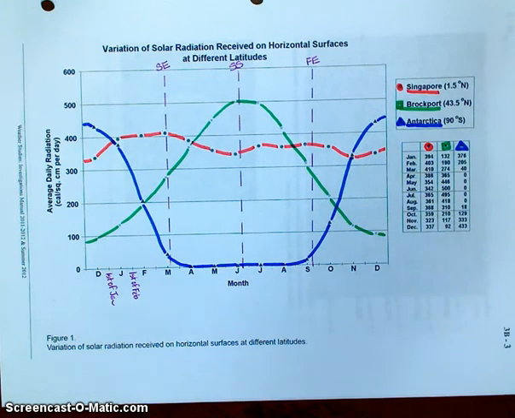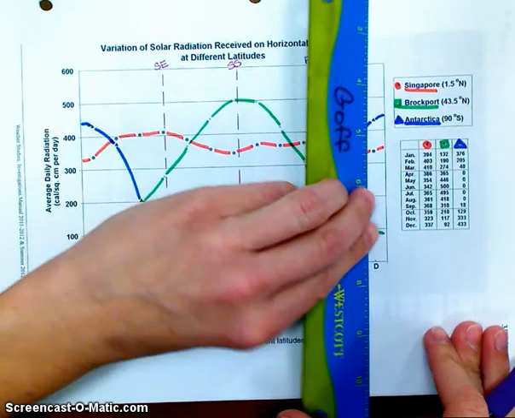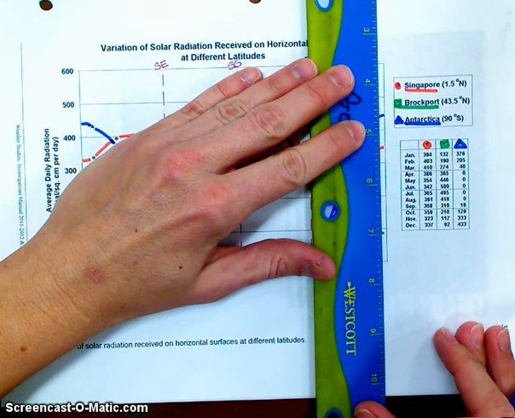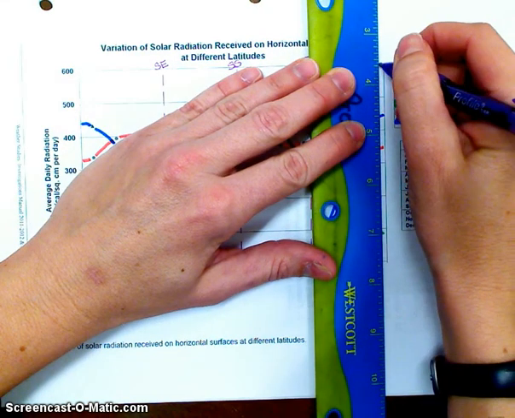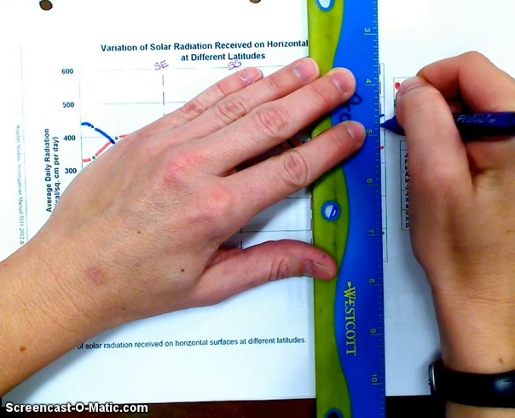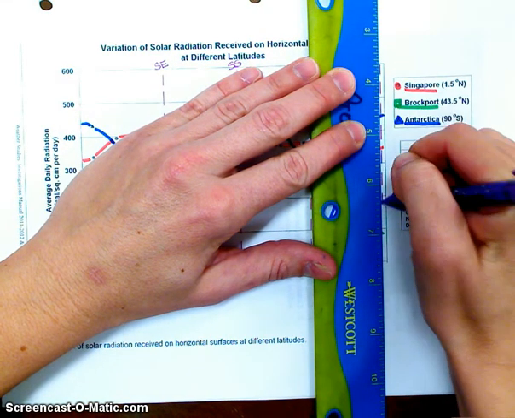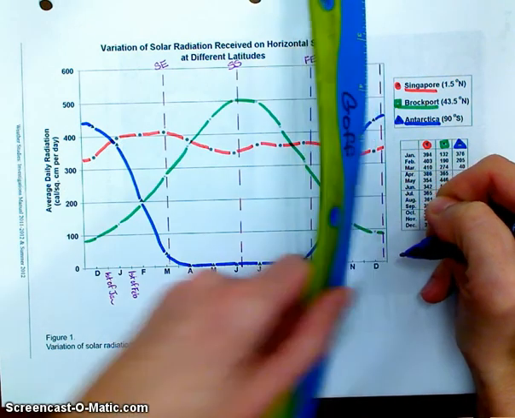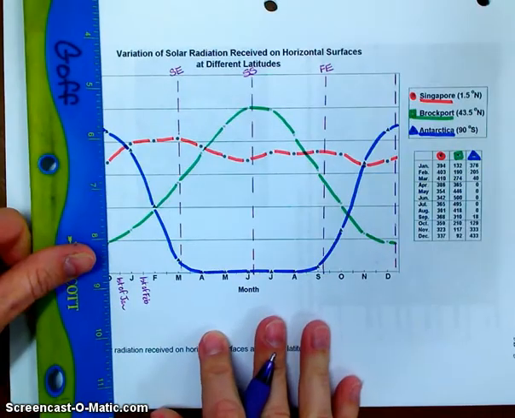And then I've got one more to mark, and that's December 22nd. That is the winter solstice. And the winter solstice happens right before the end of the year. And I'm going to mark it over here too.